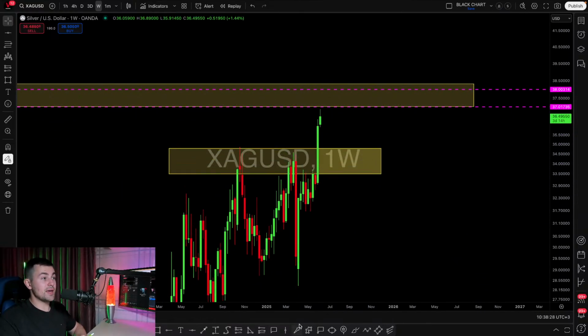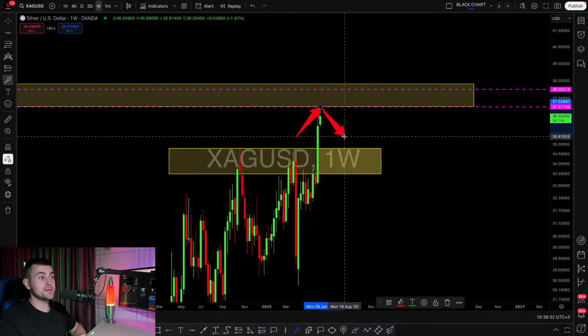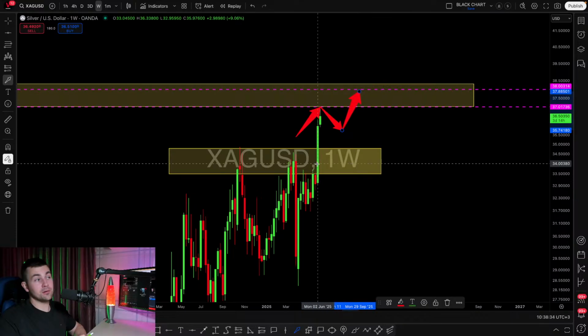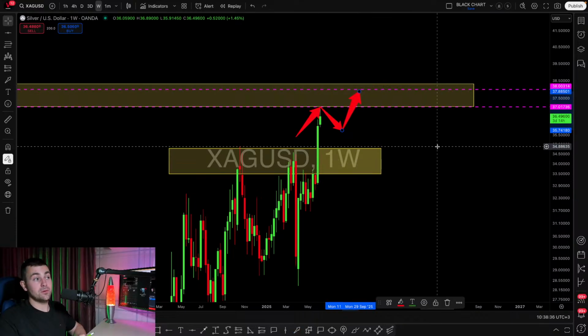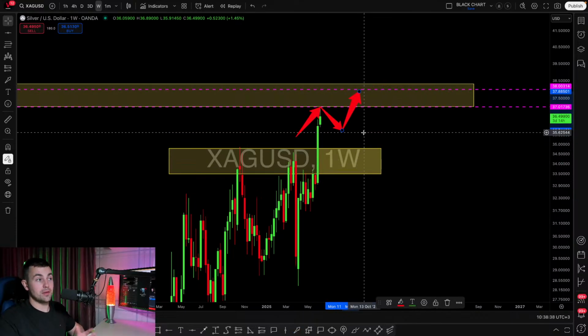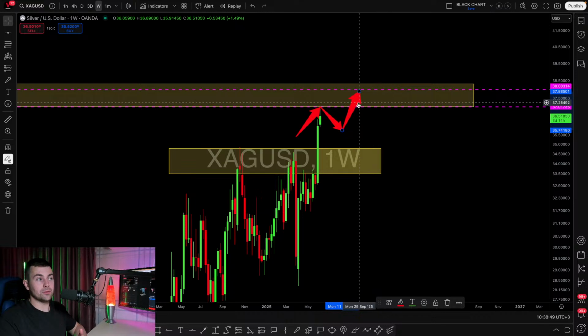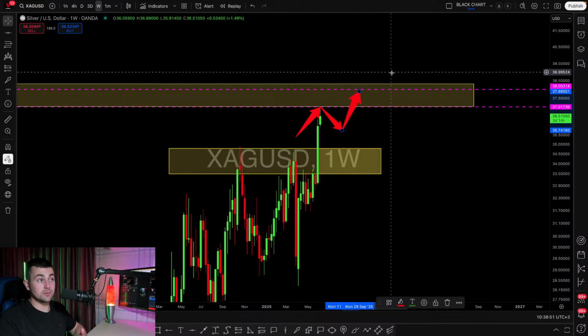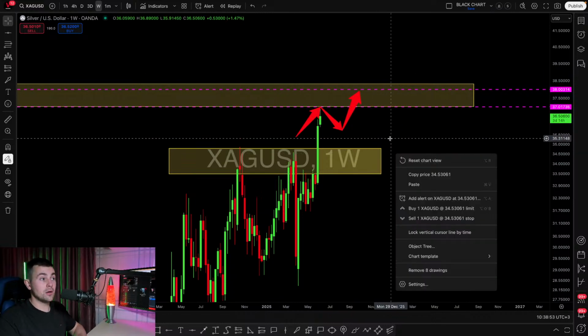I do believe that we may have some pullback from 37 level and then a bullish continuation to 38 level. Yes, I think that silver is going to rise like that. I think that with a high probability the market will go even higher and will update the highs. Probably we are going to see some correction. Yes, and then a bullish continuation to 38.